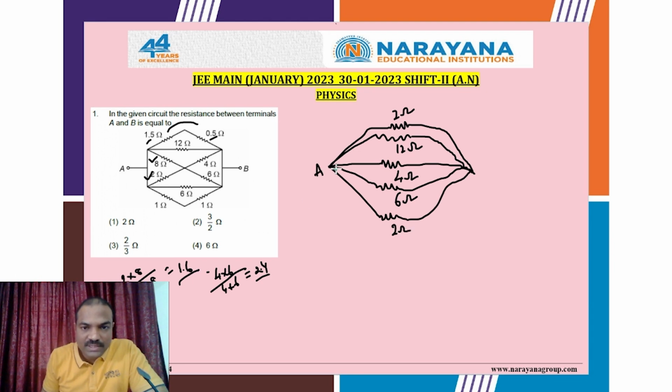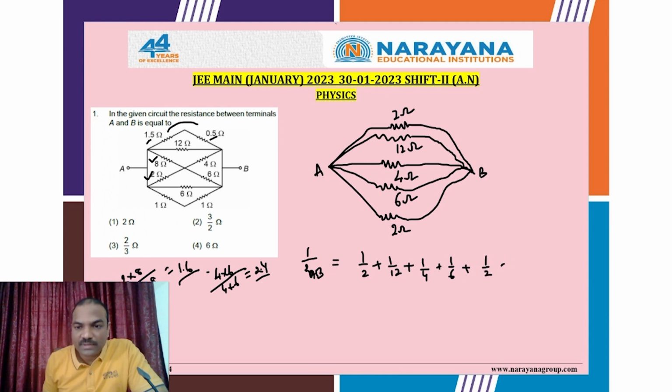Now all these resistances will be in parallel connection. So the effective resistance between A and B: 1 by RAB is equal to 1 by 2 plus 1 by 12 plus 1 by 4 plus 1 by 6 plus 1 by 2 again. Adding the 1 by 2 terms, it will become 1. 1 by 12 as it is.